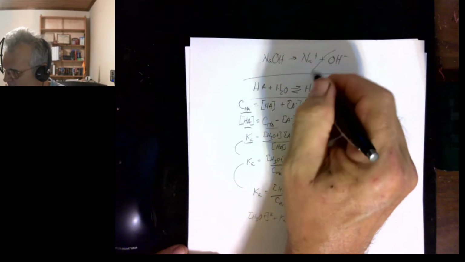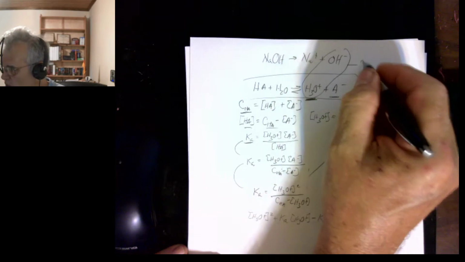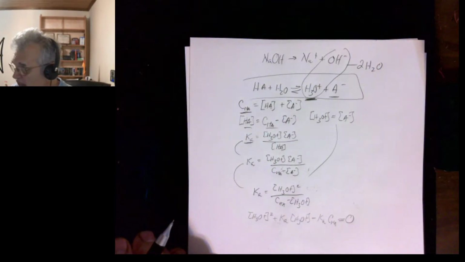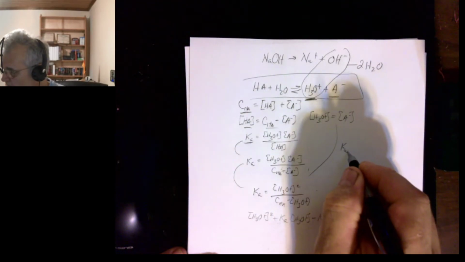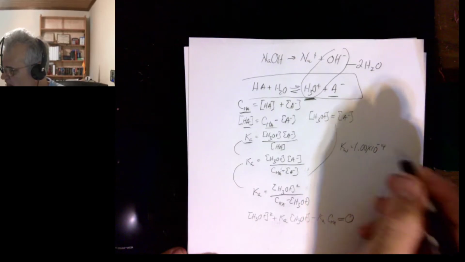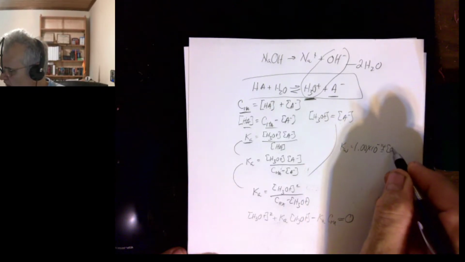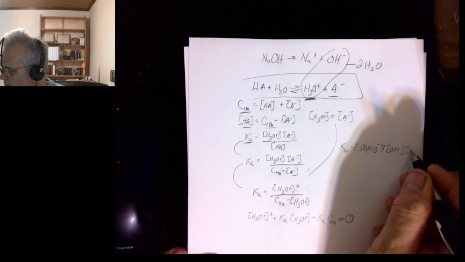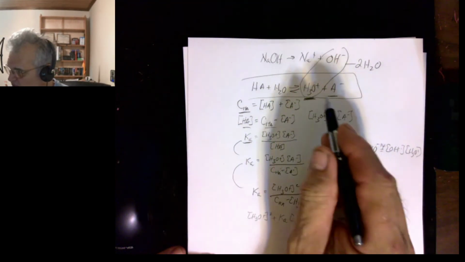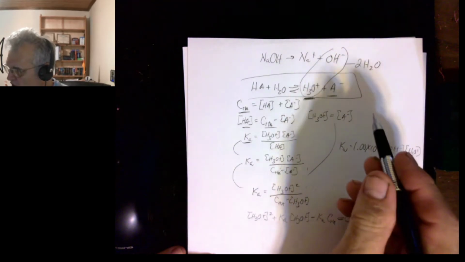These hydroxides react with hydroniums to produce water, right? There's actually a Kw for that, and Kw is 1.00 times 10 to the minus 14, and that's equal to hydroxides times hydroniums. This comes from water. Two waters go to do that.